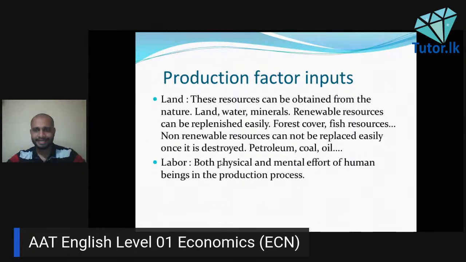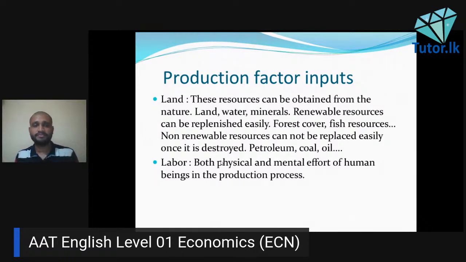Once you utilize 1 barrel of oil, it is hard to replace that 1 barrel. So the non-renewable inputs are not available in unlimited supply. Once you utilized it, it is hard to replace. If you use 1 barrel of oil, it is gone now, and it is hard to replace that 1 barrel of oil again.